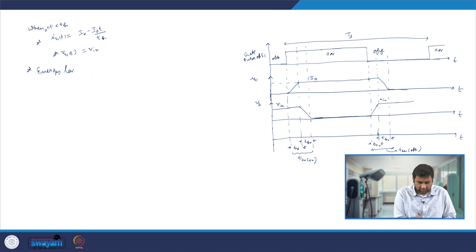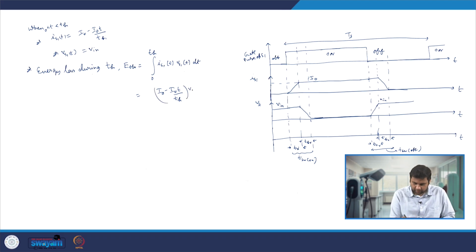So that's when energy loss during the TFI period is nothing but, we can write E_TFI to be equal to the integral from 0 to TFI of Is1(t) Vs1(t) dt, which is I naught minus I naught t by TFI, times Vin, dt going from 0 to TFI.